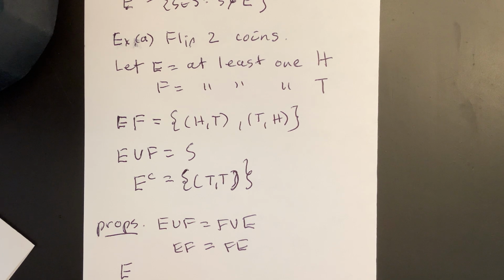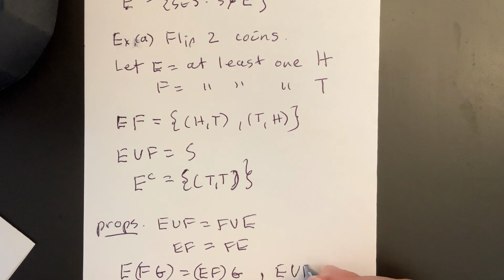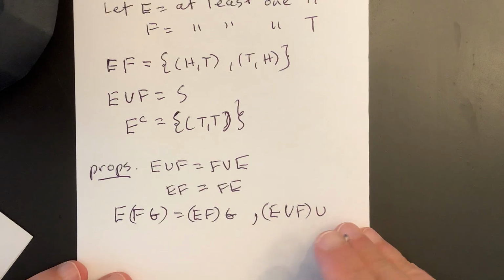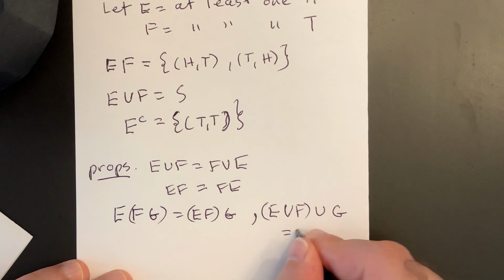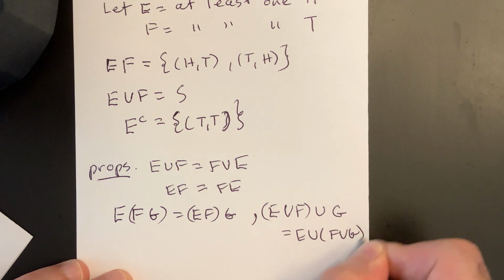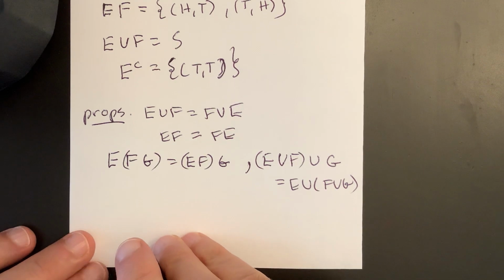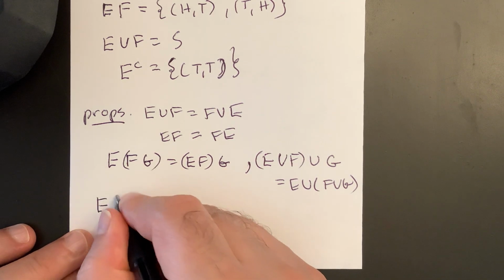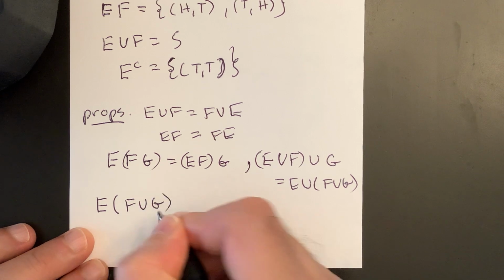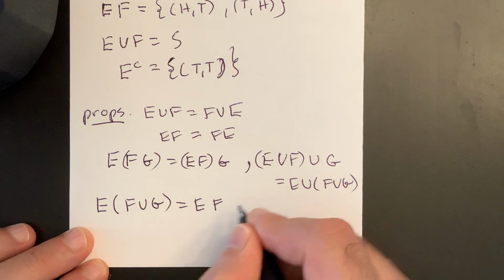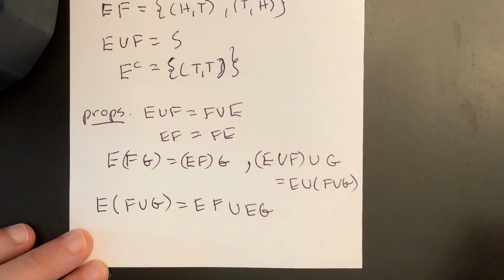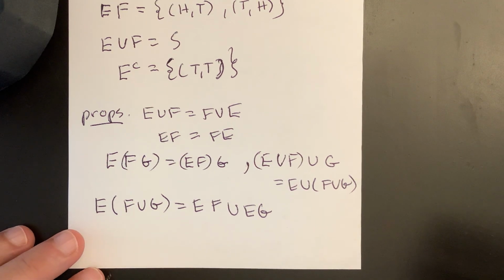So I also have (EF)G equals E(FG), also for unions. And then also if I have E(F union G), this is EF union EG.